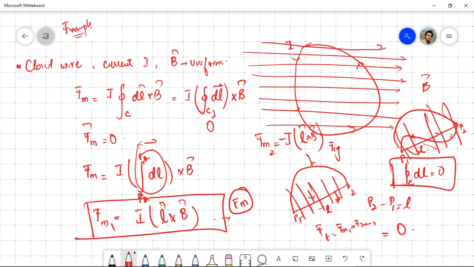There will be a positive force acting on this part, and a negative force acting on that part, and as a result the total force will be 0.